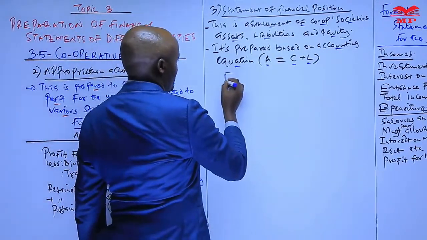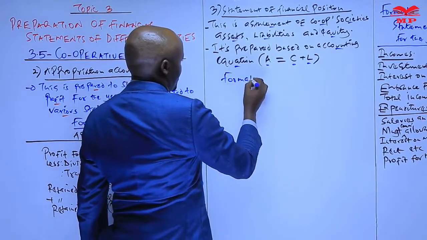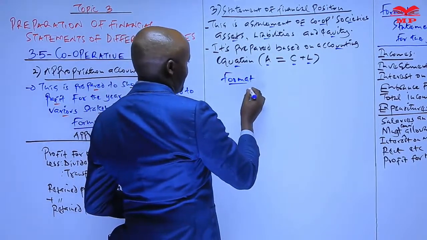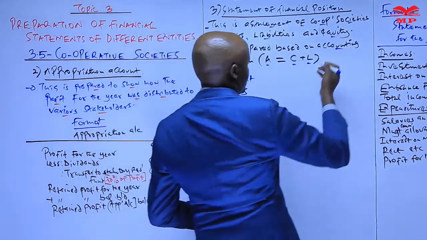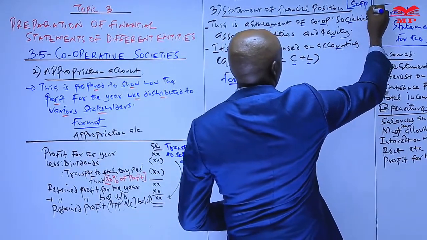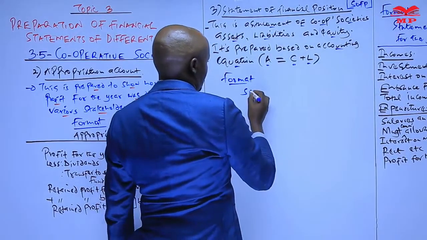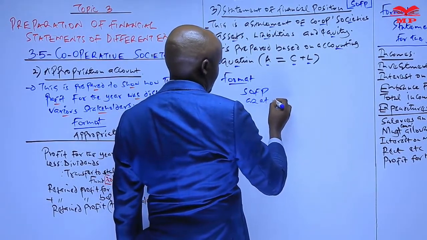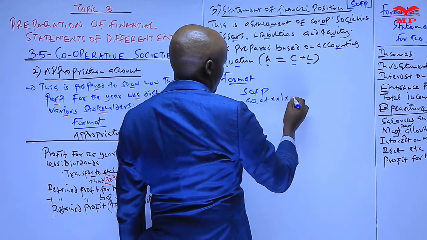So let's look at the format, how we prepare a statement of financial position. We abbreviate this as SOFP, statement of financial position, which is prepared as at the end of the year.